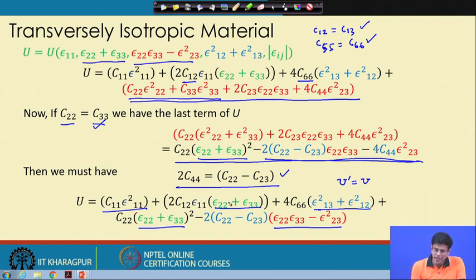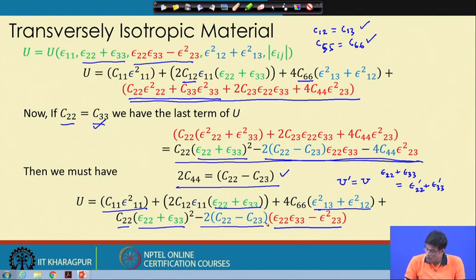Because these quantities do not change, as we know that epsilon 2 plus epsilon 3 is essentially epsilon 2 prime plus epsilon 3 prime. Similarly for these quantities. So essentially with this rotation plus orthotropic symmetry, the strain energy will not change. That means these constants, C11, C12, C66, C22, are essentially my material constants.